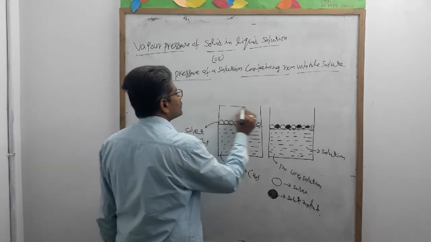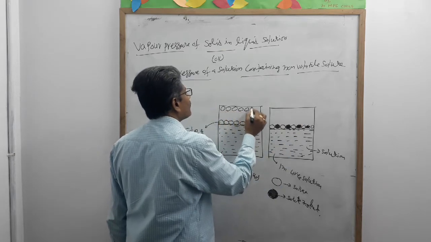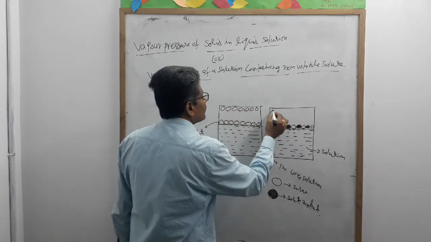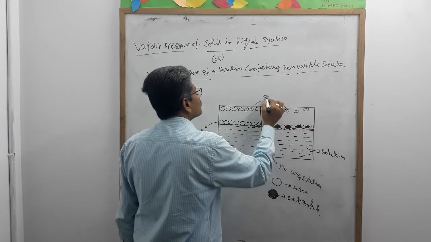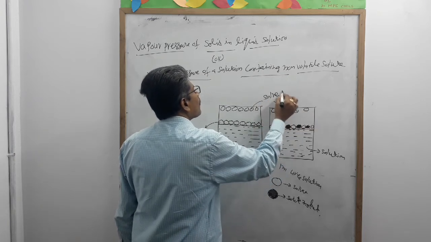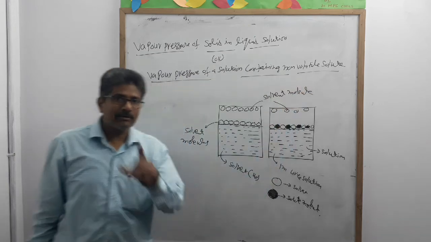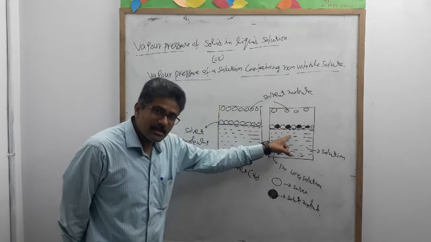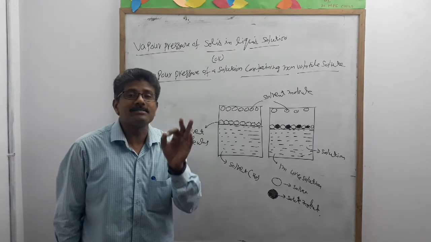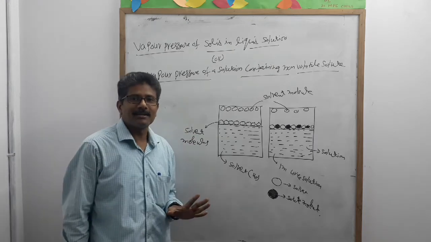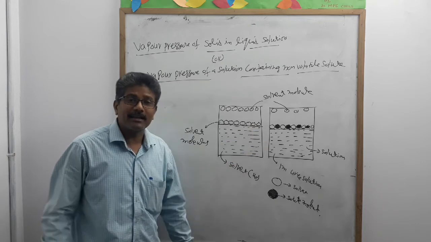The reason, a very important point: these molecules change into vapor state, and these are all solvent molecules. In solution and solvent, only solvent molecules exert pressure, because the solute is non-volatile.